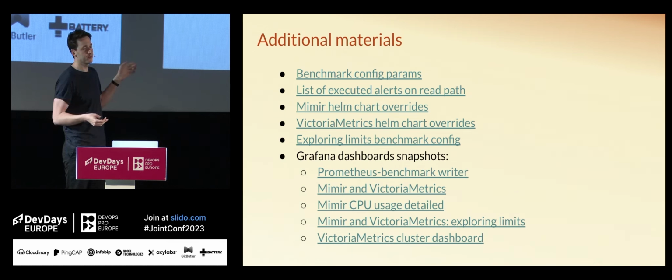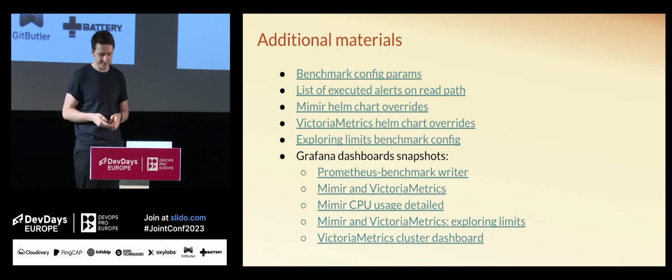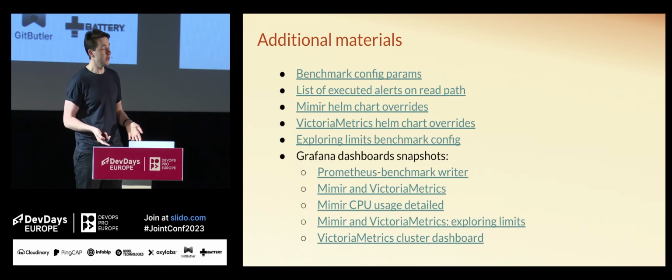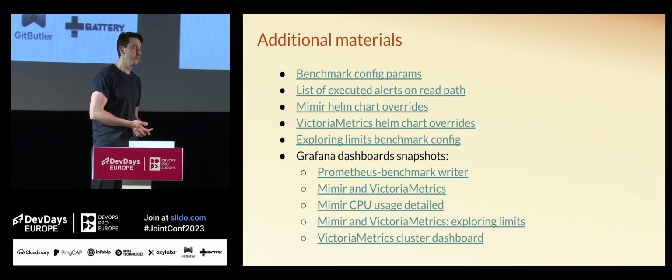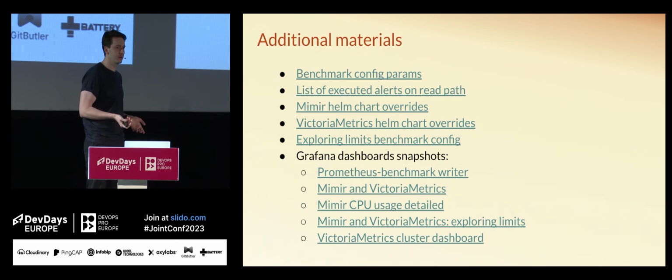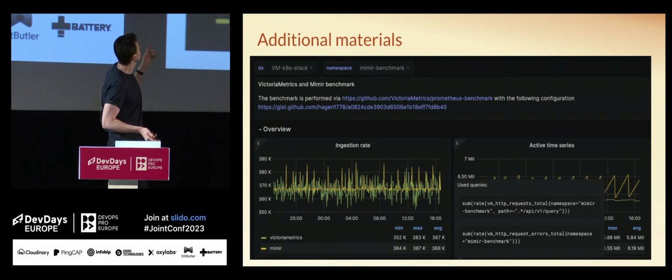All these screenshots that you've seen here are basically snapshots that you can explore yourself, because they are publicly available. You can click on the link and see how the benchmark went for yourself. It contains much more information than I showed here. So you can explore it, and that's how a snapshot looks.